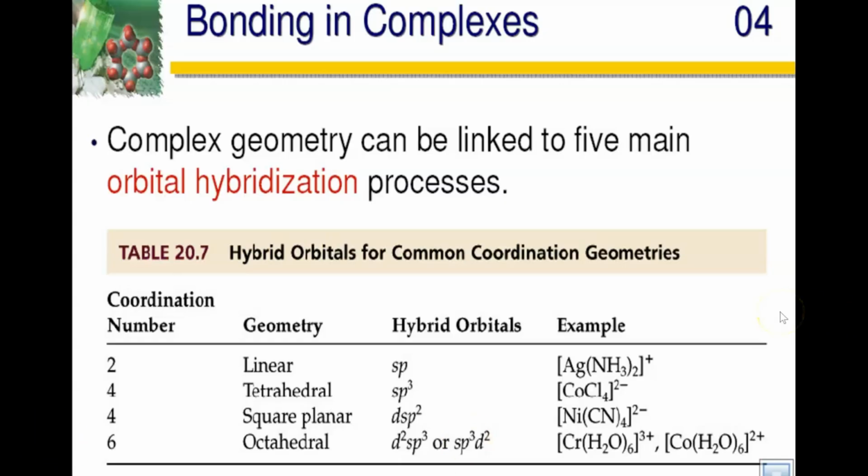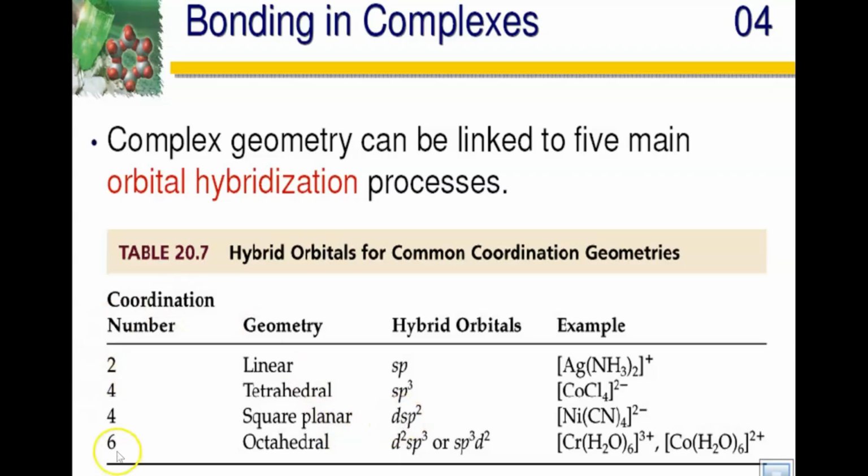This is the example of a coordination number with its geometry, hybrid orbital, and also some examples for each hybrid orbital. For the coordination number of 2, the geometry is linear and the hybrid orbital is sp. For the coordination number of 4, we have two types of geometry: tetrahedral, where the hybrid orbital is sp3, and square planar, where the hybrid orbital is dsp2.